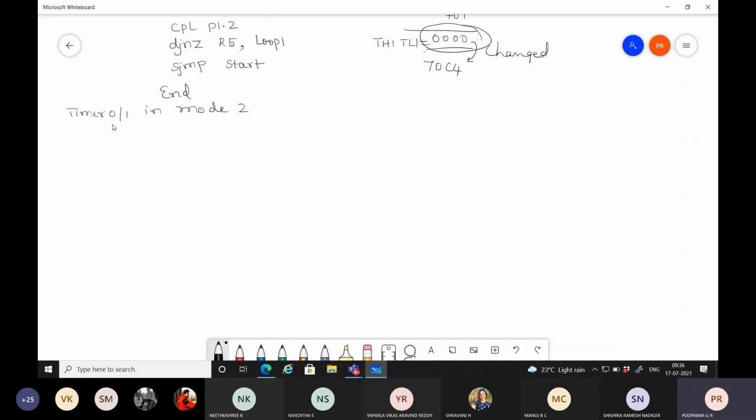Timer 0 or 1 in mode 2, write a program to generate a square wave. This is a problem I am giving you. Square wave to be generated.